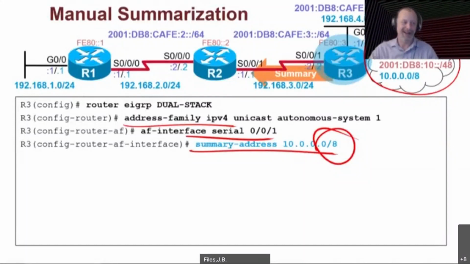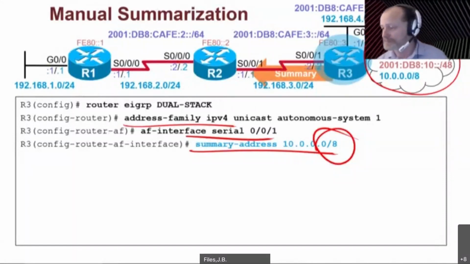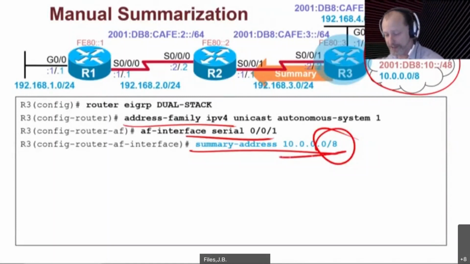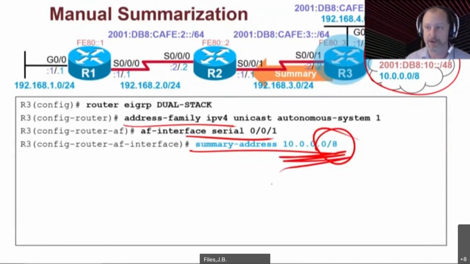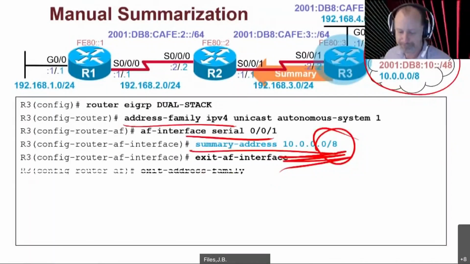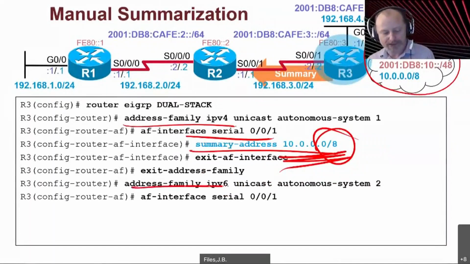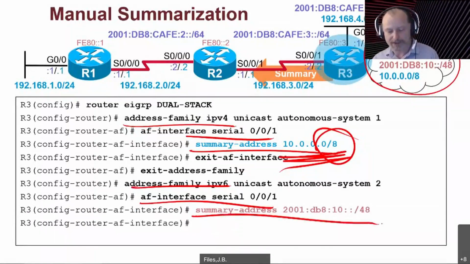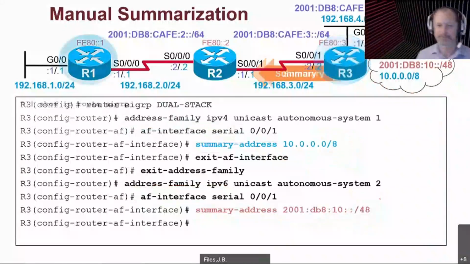Again, how long has it been? You can finally use slash notation in your configuration for IPv4. And of course, you can do it for IPv6 as well. So address family IPv6, interface, summary address. Again, CIDR notation.